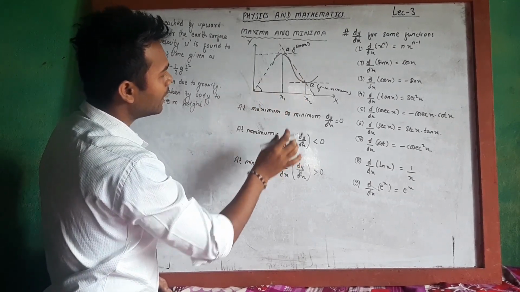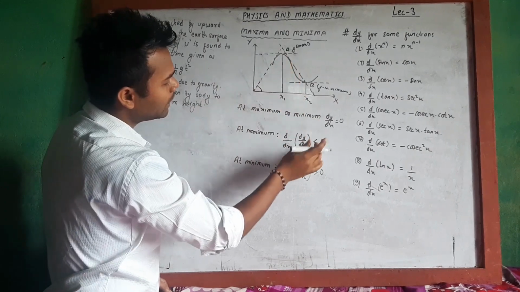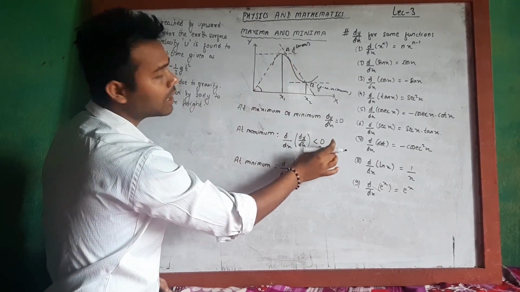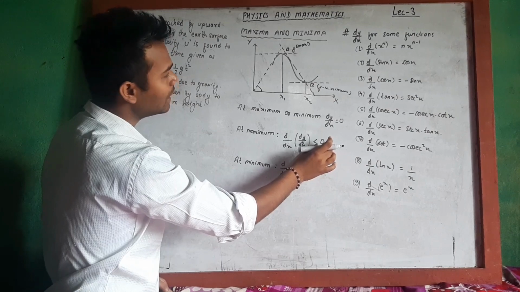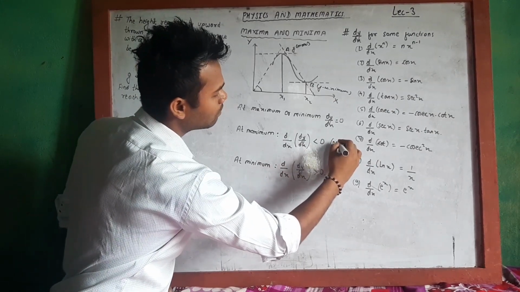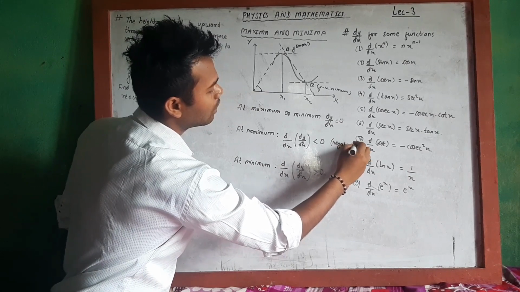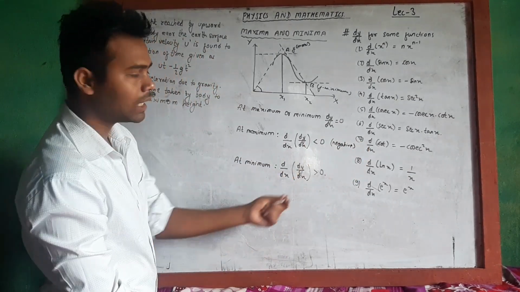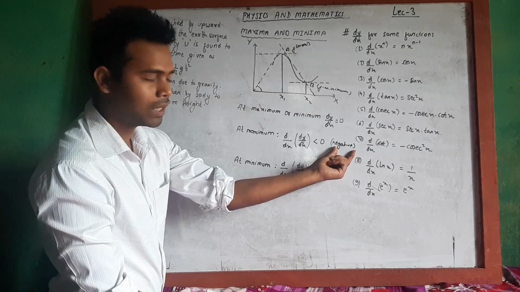That's why at maximum, the second derivative will give a negative value, or less than 0.